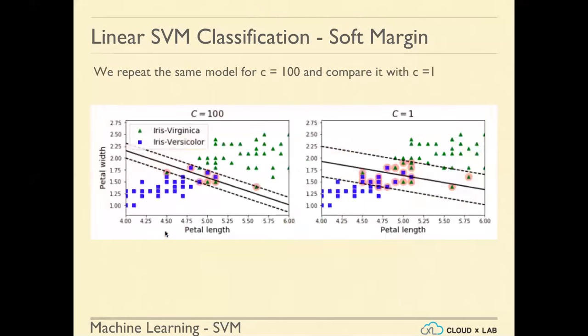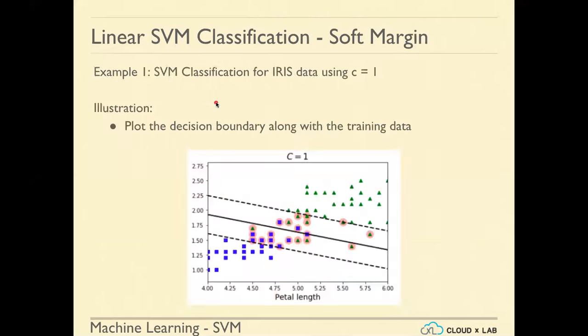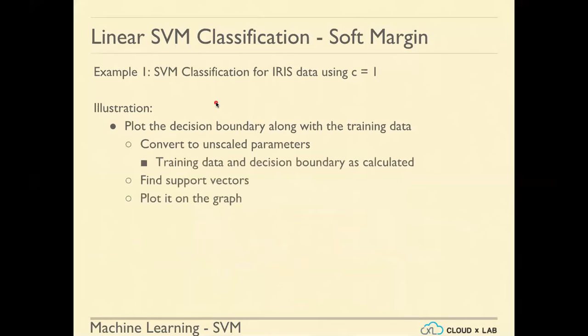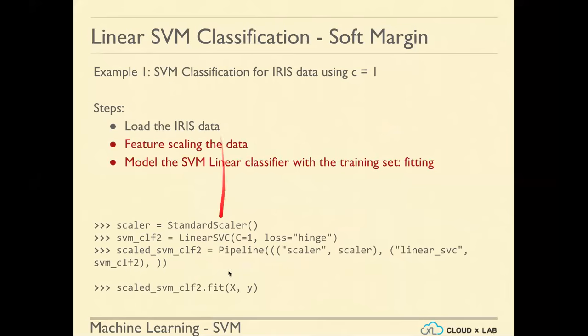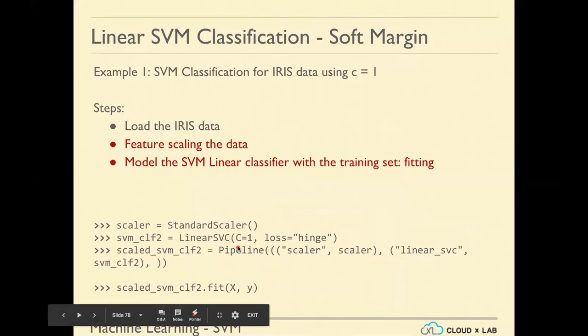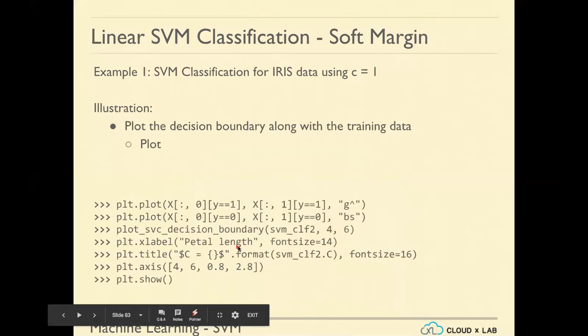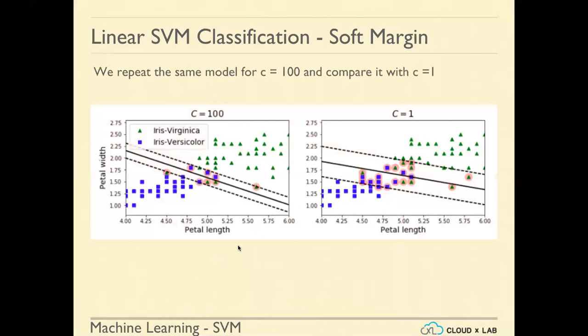You can see that as we increase or decrease C in our model, the graph changes. Here we have passed C as 1, but when we pass C as 100, the graph is different. When we plot the entire graph between the petal width and petal length, and then try to separate them with a street using the soft margin, this is how it looks.